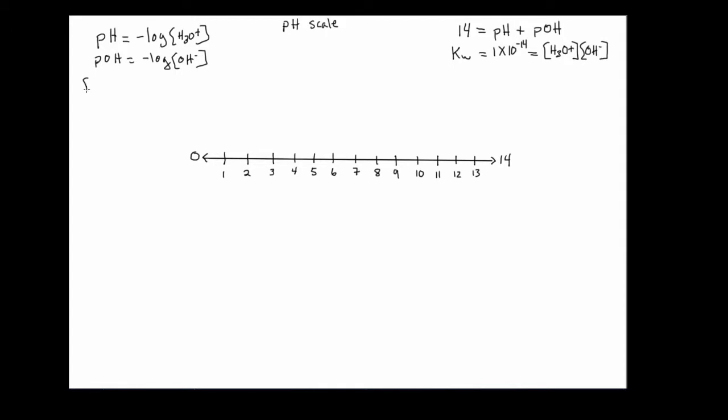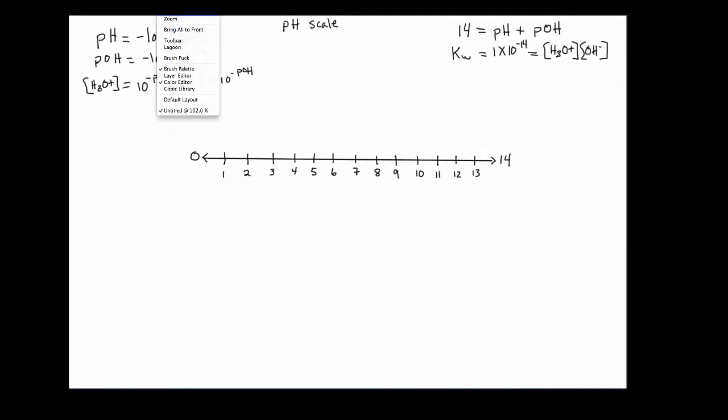So the concentration of H3O plus is equal to 10 raised to the minus pH, and the concentration of OH minus is equal to 10 raised to the minus pOH. So these are all the relationships that we're going to use in order to describe what the pH scale means and how to use it.